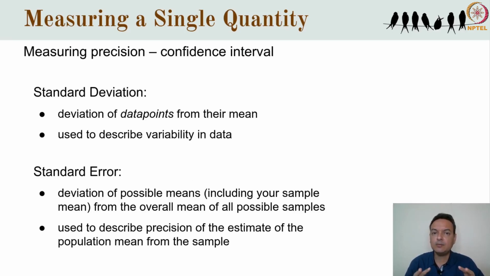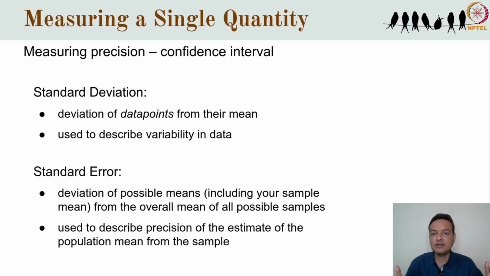Please carefully understand once again the difference between standard deviation and standard error. Standard deviation describes the variation in the actual data points. The mean ±1.96 times the standard deviation would encompass 95% of data points if the data follows a normal distribution. On the other hand, the mean ±1.96 standard error would encompass 95% of the imaginary means from imaginary multiple sets of samples.